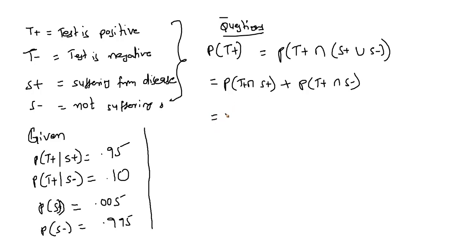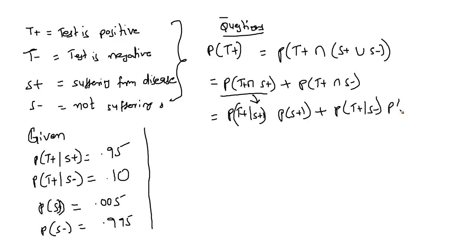So remember, this one is equal to probability of t plus given s plus times probability of s plus. So based on this Markov chain rule, plus probability of t plus given s minus times probability of s minus. So you just need to substitute these values here.